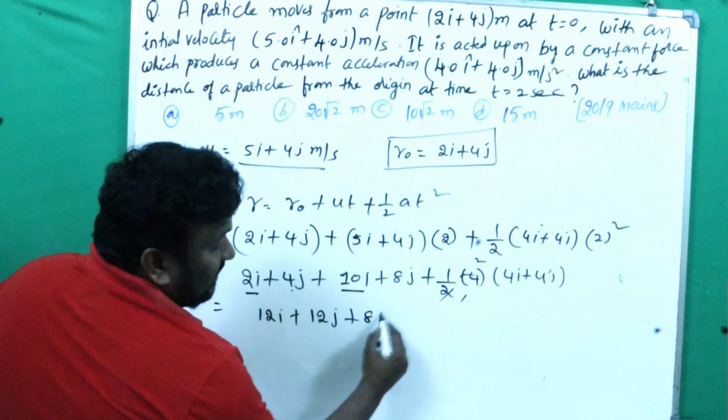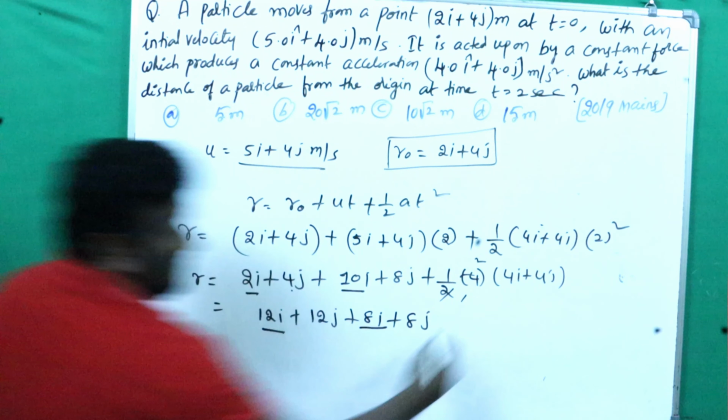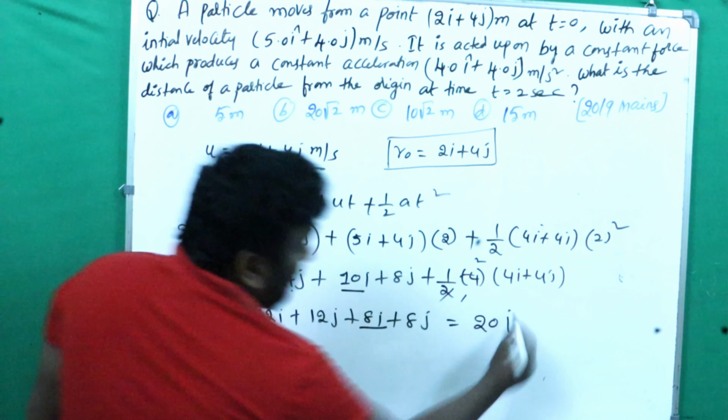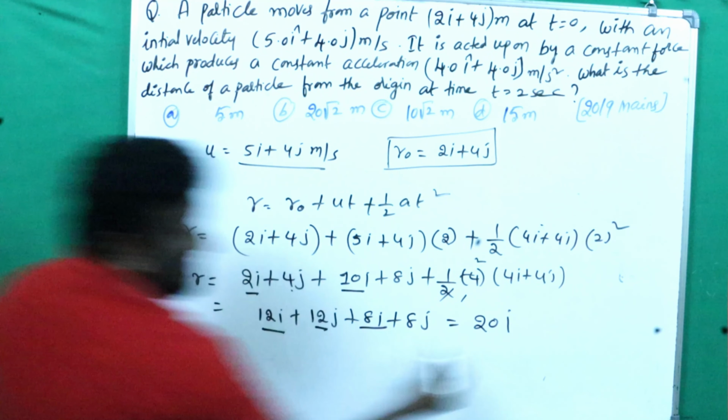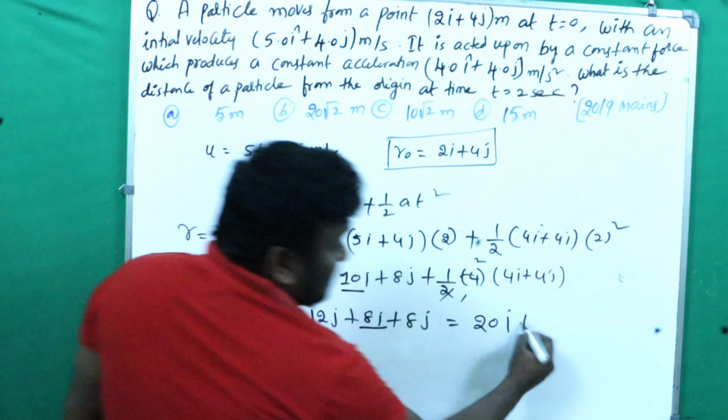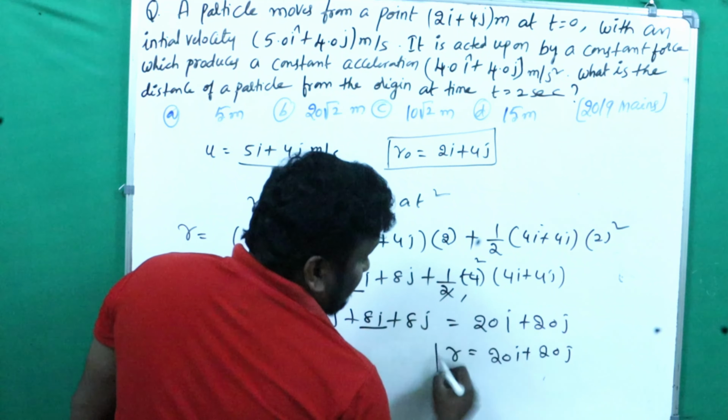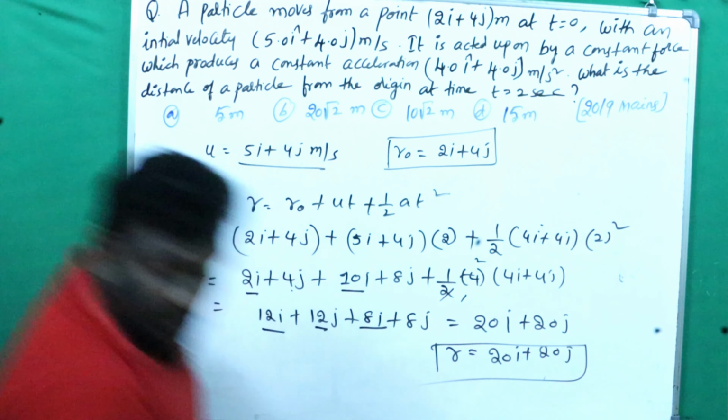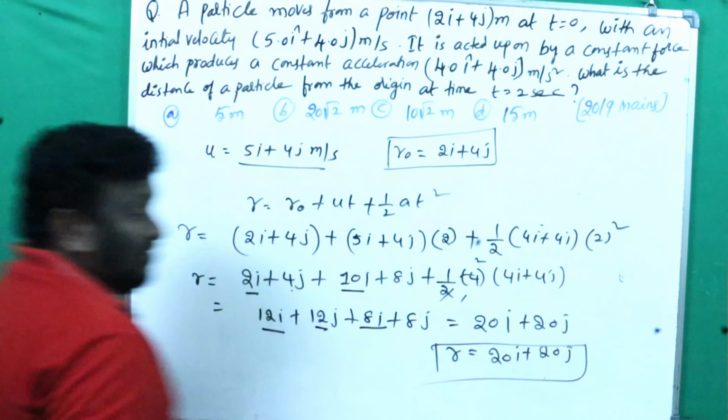Again 12i plus 8i is 20i, and 12j plus 8j is 20j. Therefore r equals 20i plus 20j. This is the displacement in vector form.